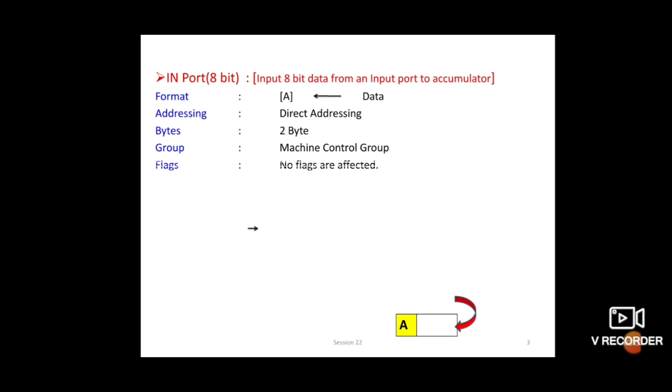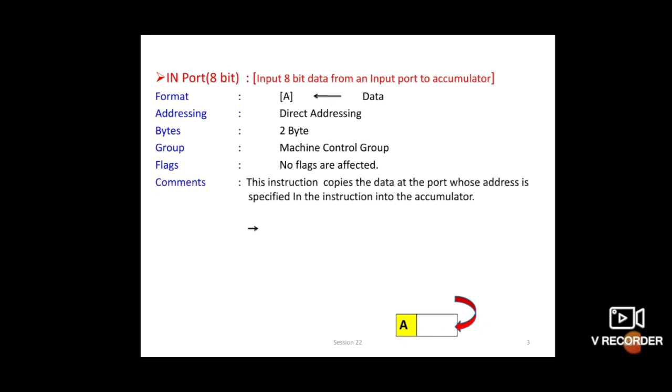This is a machine control group instruction. No flags are affected because only transferring is there; no calculations are done in this instruction. This instruction copies the data at the port, whose address is specified in the instruction, into the accumulator.